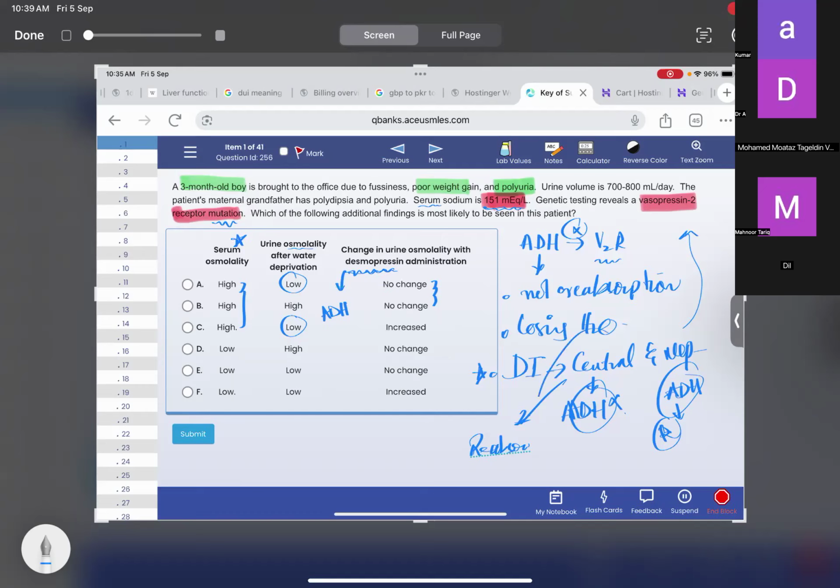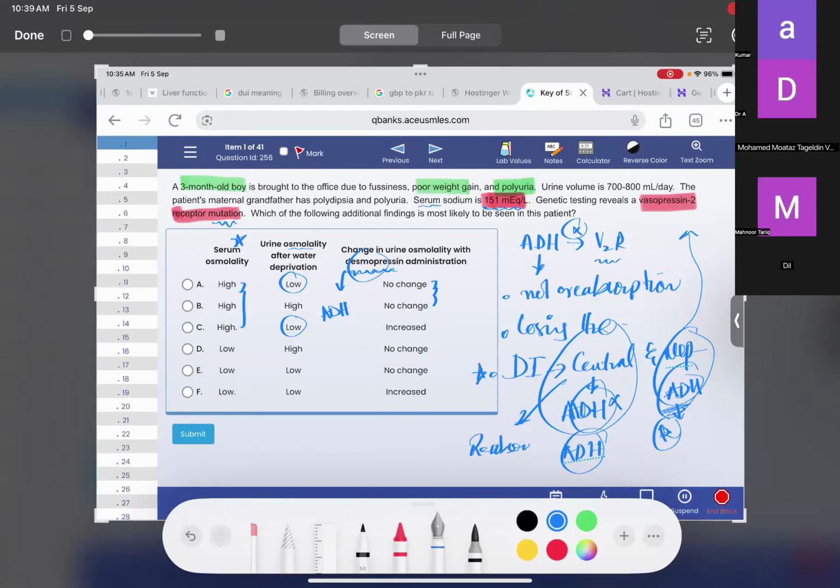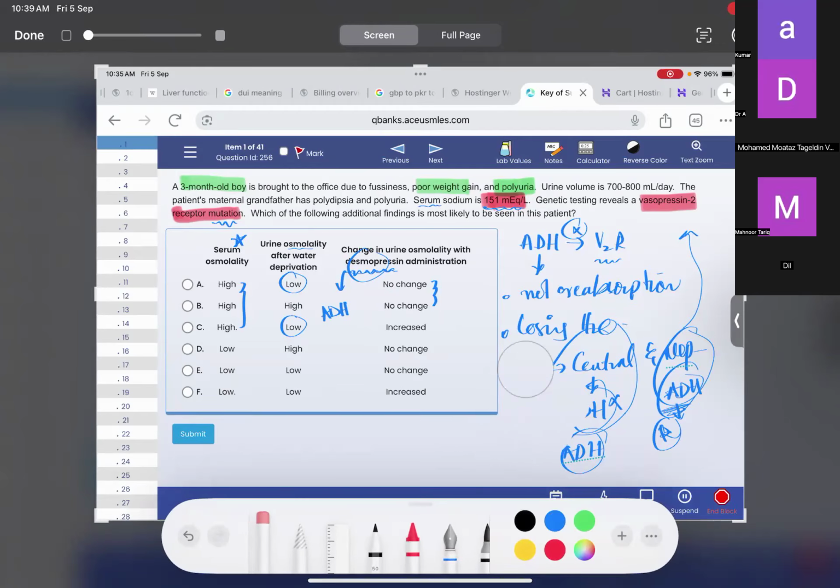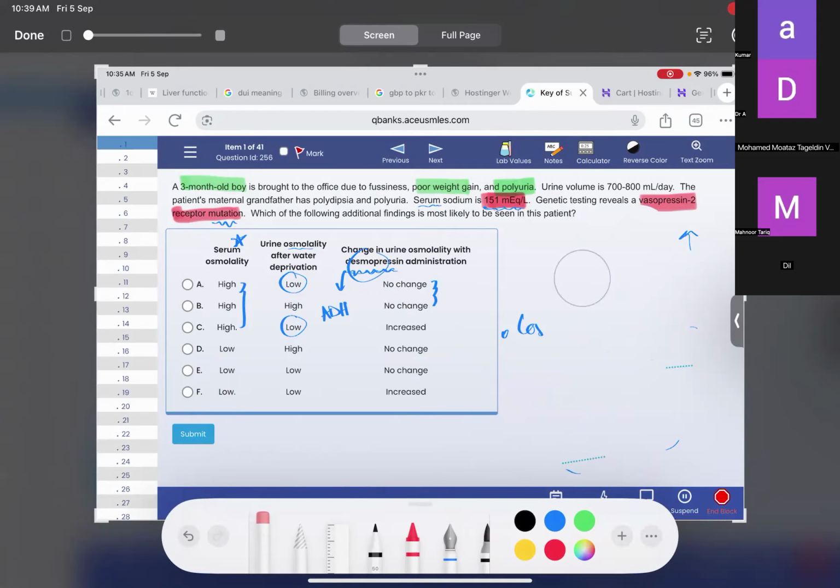This is the basic difference between central and nephrogenic. In central, if we provide ADH, the functions will normalize, while in nephrogenic, the ADH or desmopressin provided will not function, right? Got this? So what's your answer?